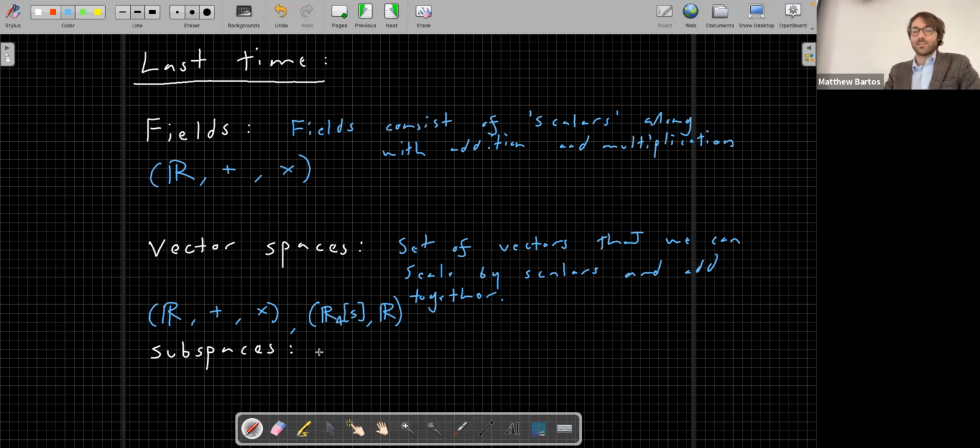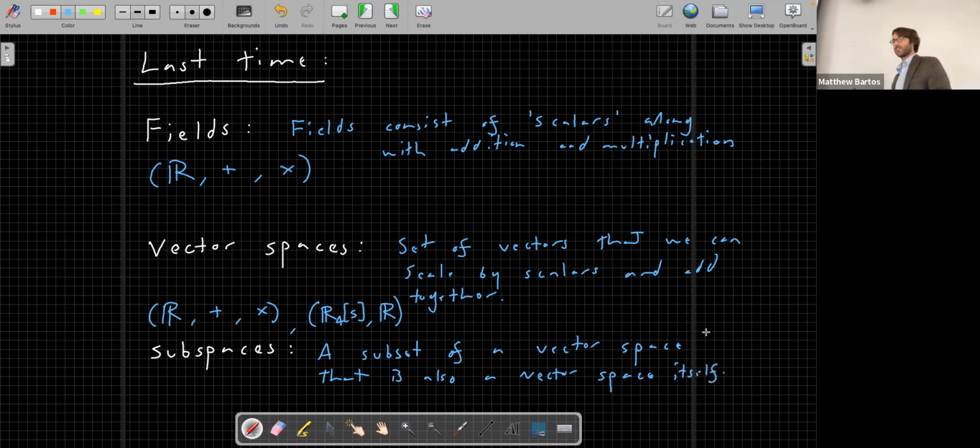So it is a subset of a vector space that is also a vector space itself. Meaning that it's closed under what two operations? Yeah, so vector addition and scalar multiplication.